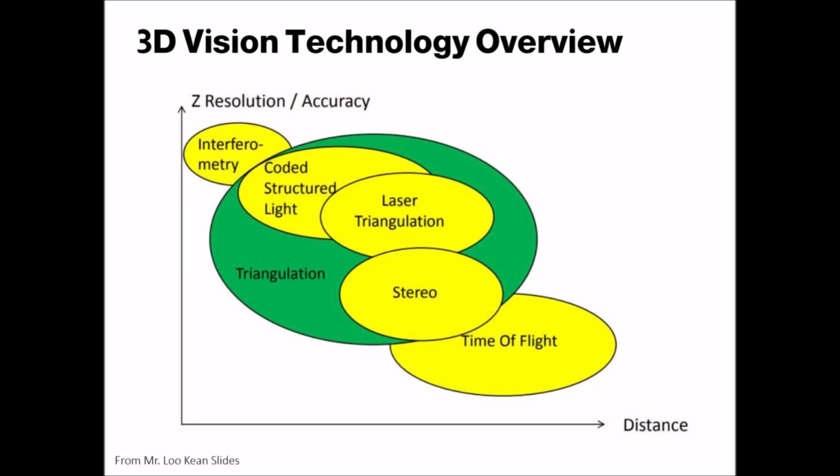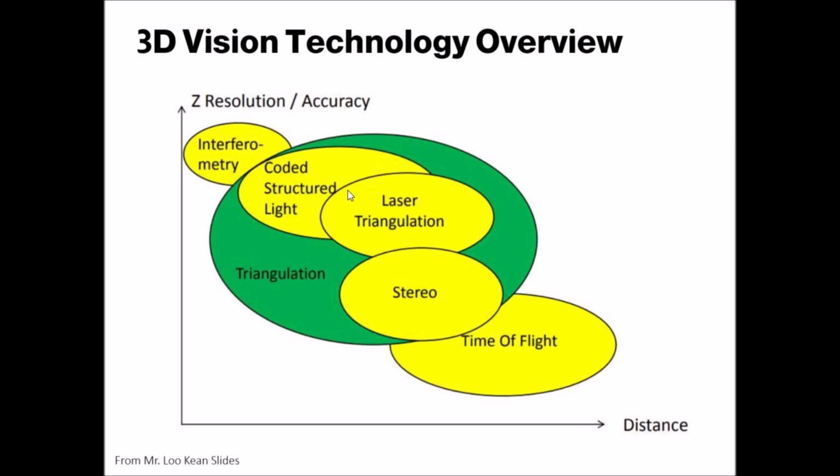In general, we have many 3D vision technologies, but you can select the suitable technology based on the problem you are going to solve. If you are looking for more accuracy but you don't care about the distance, maybe you can select interferometry, for example, or coded structured light. They have the highest accuracy here, but they are not good with distance.